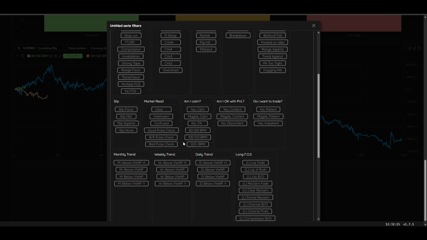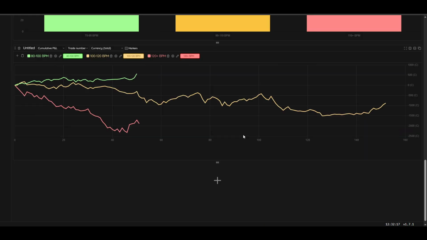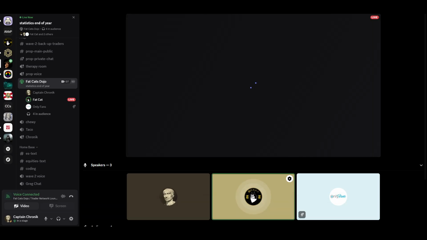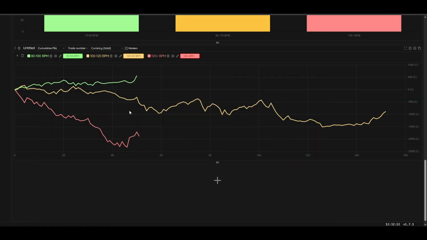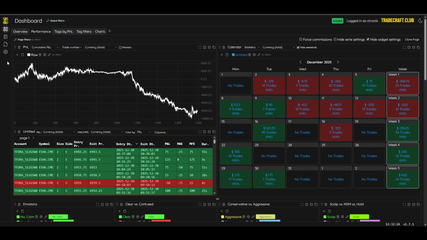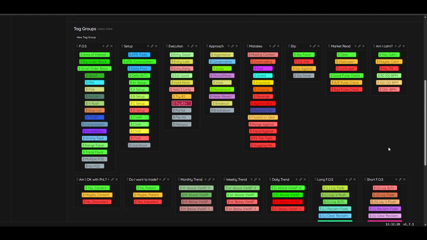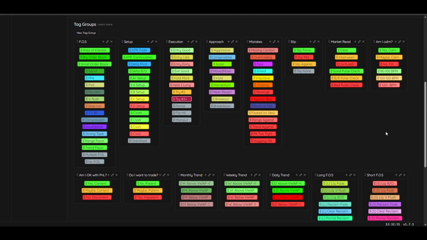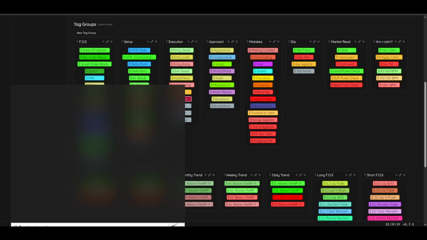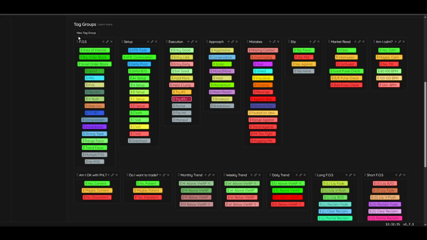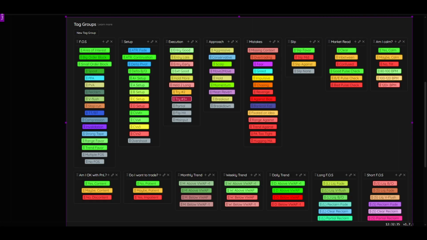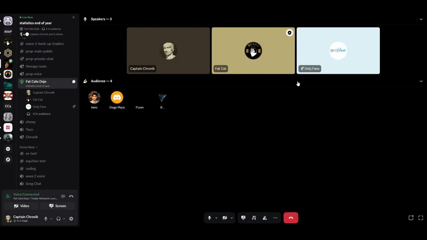Let me see your tags. Can you screenshot or show me your tags? Just ignore the ones that I scribbled out, because those are for checklists.